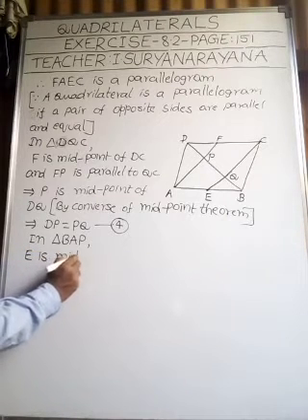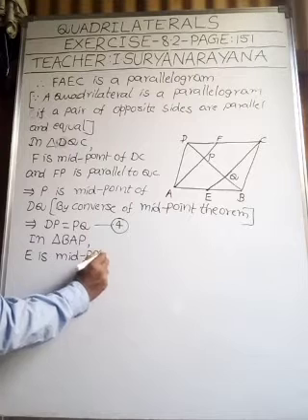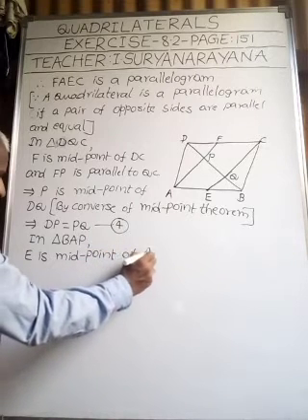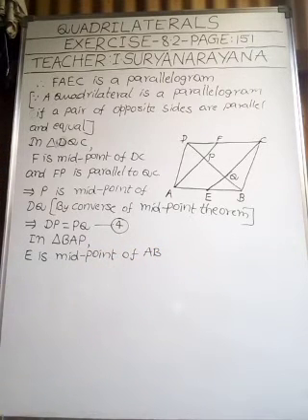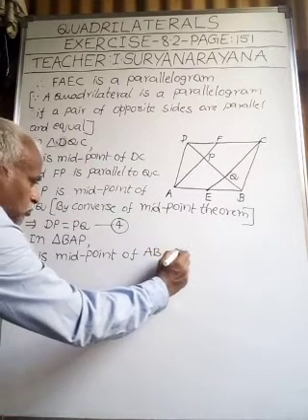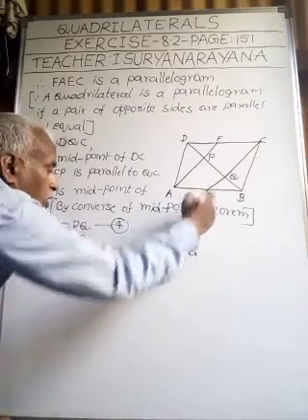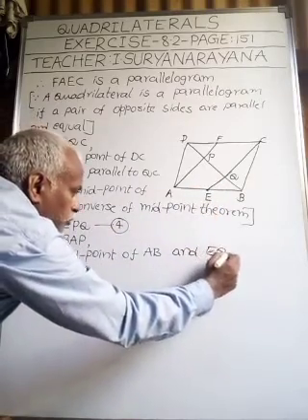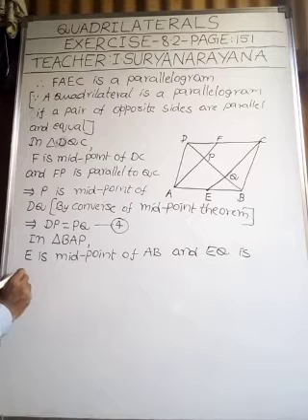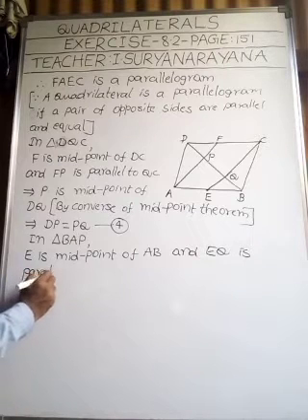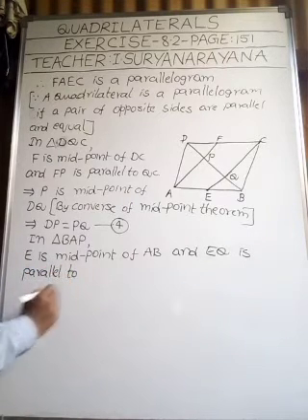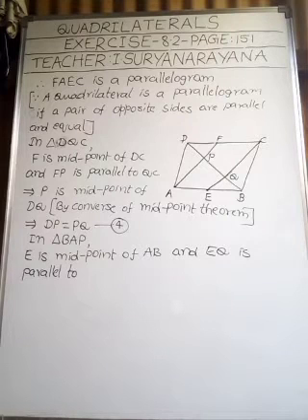E is the midpoint of AB, and EQ is parallel to AP.